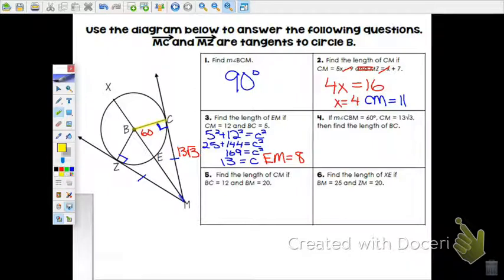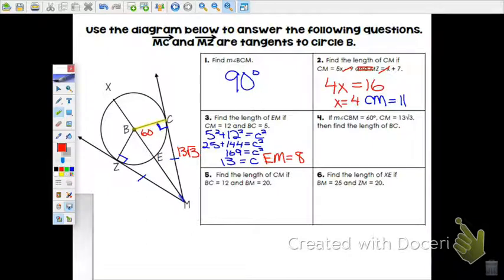So this 13 square root of 3 that they gave me, is that the short, the long, or the hypotenuse? That's the long, it's opposite the 60. I'm looking for BC, is that the short or the hypotenuse? The short. So if the long is 13 square root of 3, what's the short in a 30, 60, 90 triangle? 13.